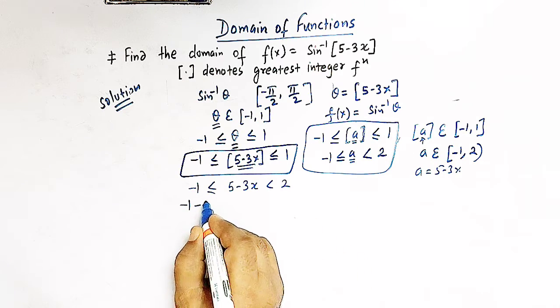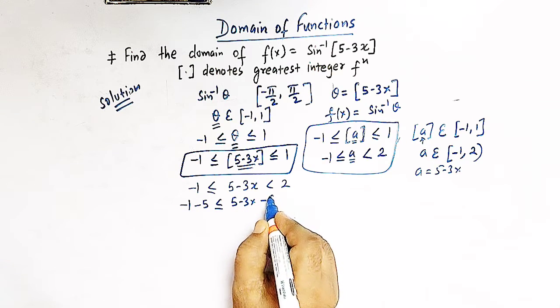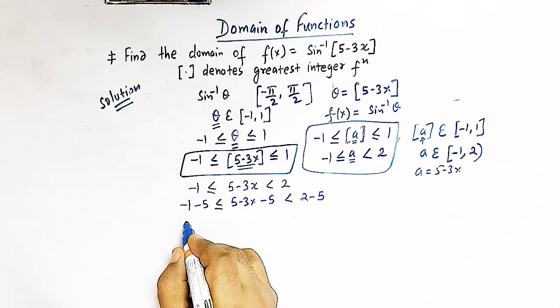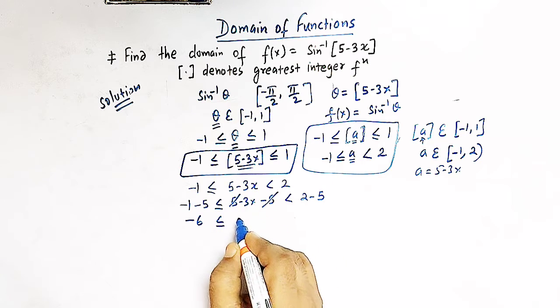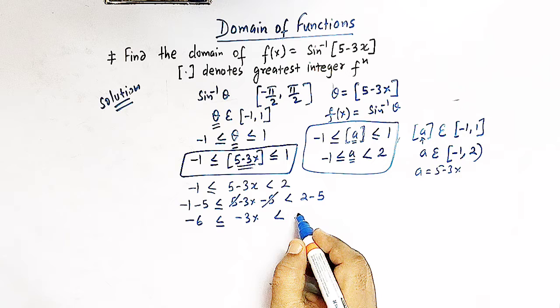So we have minus 1 minus 5, here we have 5 minus 3x minus 5, and here we have 2 minus 5. So this is minus 6, and here this 5 and this 5 get cancelled, and we have 2 minus 5, that is equal to minus 3.